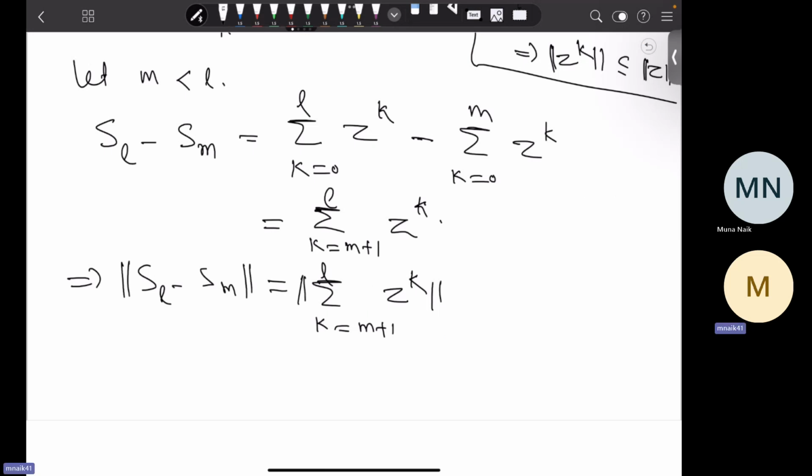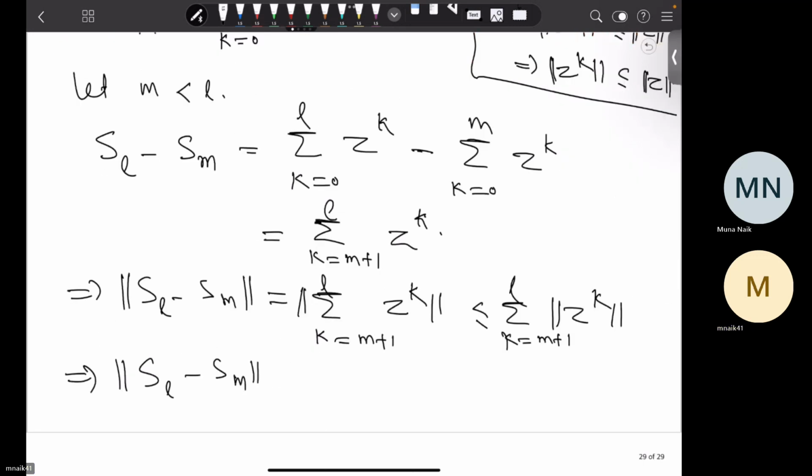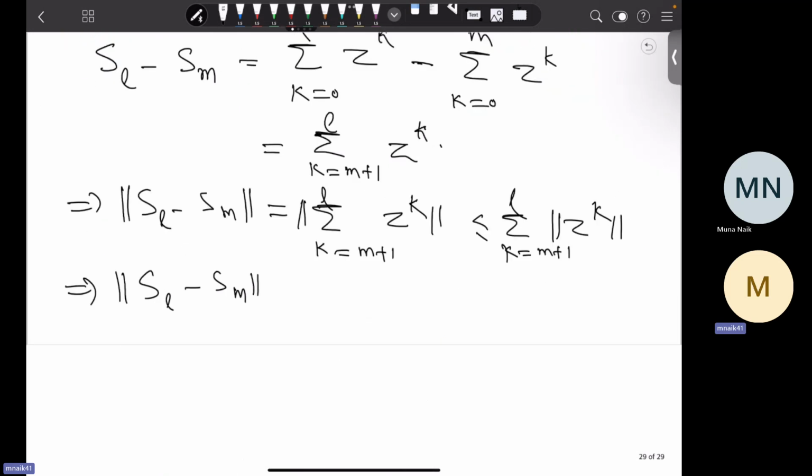So this is less than or equal to the sum from k equals m plus 1 to l of the norm of Z^k. Now I can use that the norm of Z^k is less than or equal to the norm of Z to the power k. So this is less than or equal to the sum from k equals m plus 1 to infinity of the norm of Z to the power k.